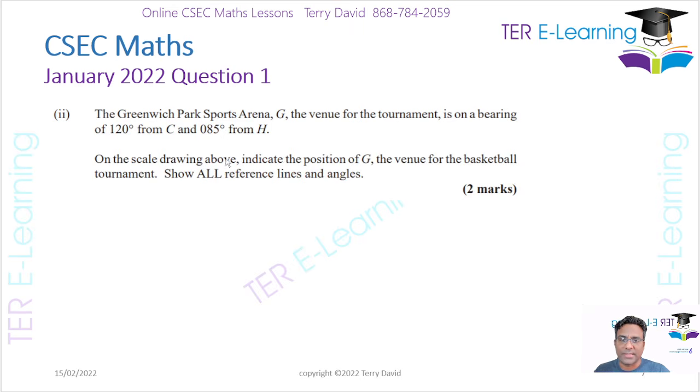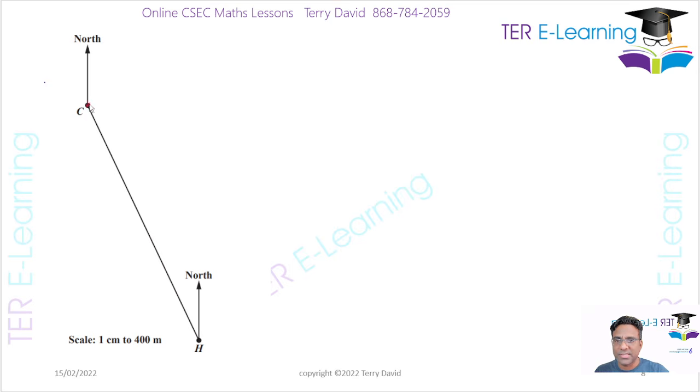Second part now, they said Greenwich Park Sports Arena, G, is the venue of the tournament and is on a bearing of 120 degrees from C and 85 degrees from H. On the scale drawing, indicate the position of G, the venue of the basketball tournament. So we're going to look at the diagram and measure a bearing of 120 degrees from C. From C means I'm going to put a north line here, which they've already done for me, and I'm going to measure 120 degrees going that way.